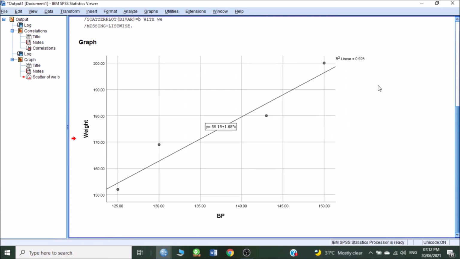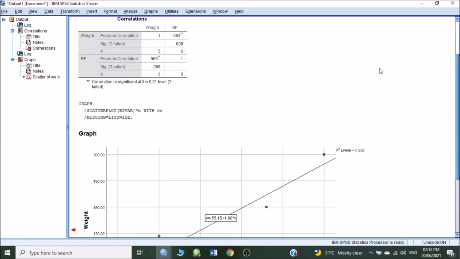Even on your previous output screen itself, you come to know here R square linear equals 0.926, sorry, 0.928. So the R square and the correlation value seem almost similar here.